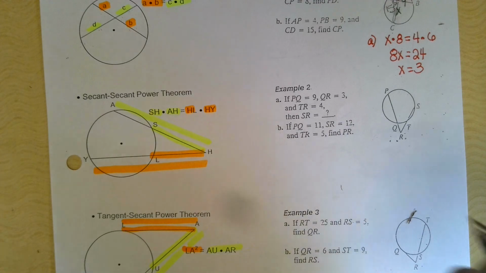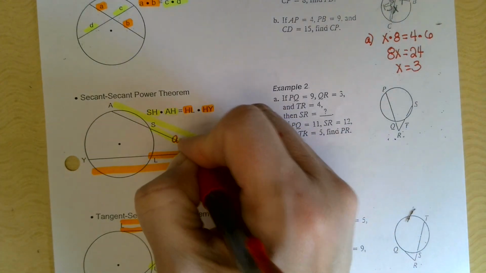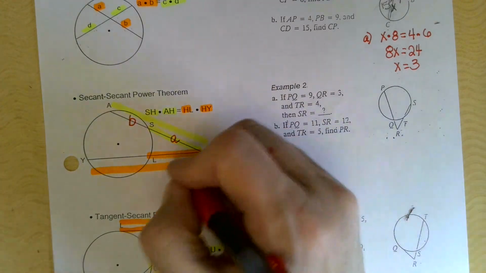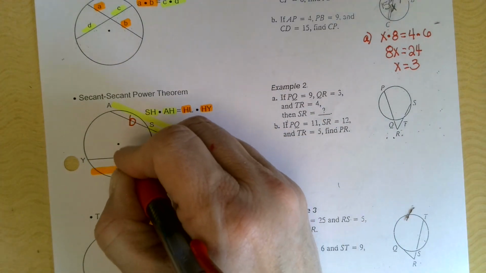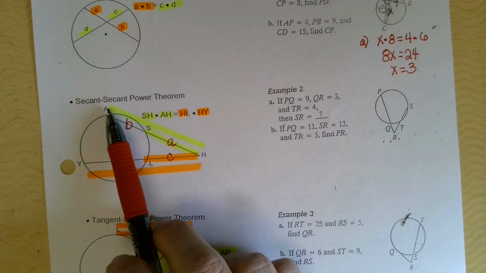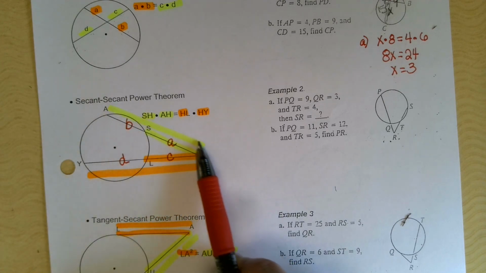So for this problem, A, B, C, and D. Okay, we do not multiply A times B. If you look, I have this highlighted piece that covers the whole thing.